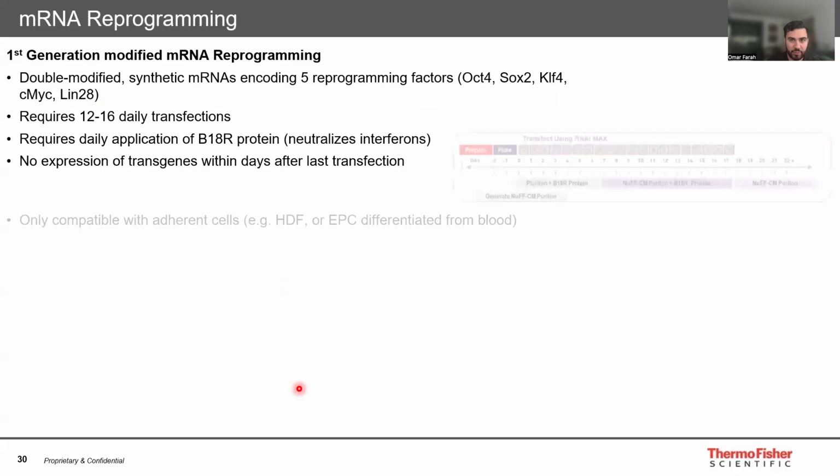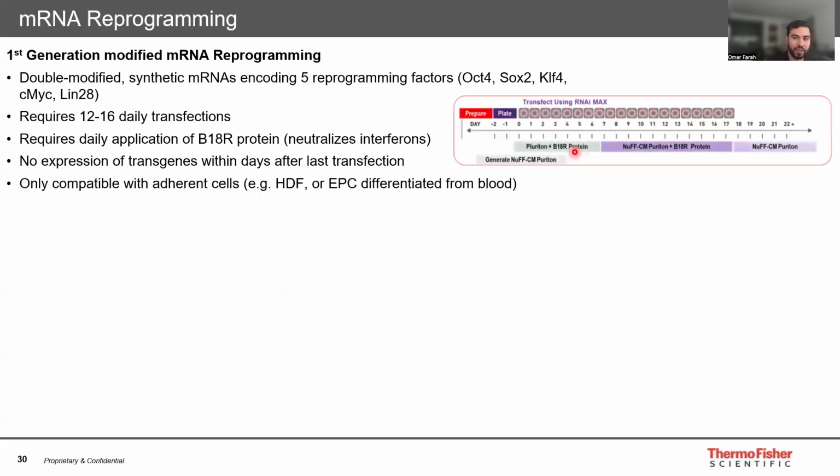This is a schematic of that protocol where in order to maintain the expression of these mRNAs, because mRNA have a short half-life, the user was required to do 12 to 16 daily transfections, where you're resupplying the cells with those five mRNAs every single day for 16 days.